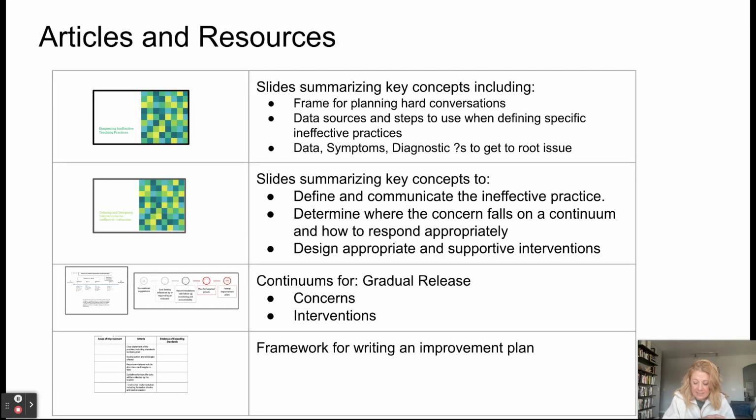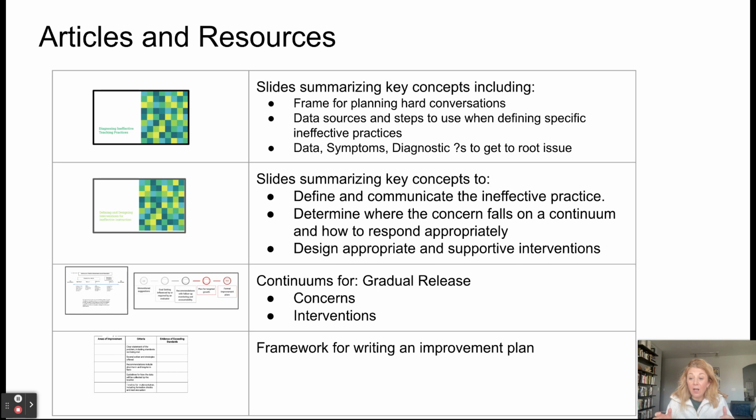So the first slide deck is really going to get at looking at your evidence in a different frame, very pointedly looking at your evidence to identify symptoms of ineffective teaching. And then the second slide deck is really getting at defining, communicating, and designing interventions.